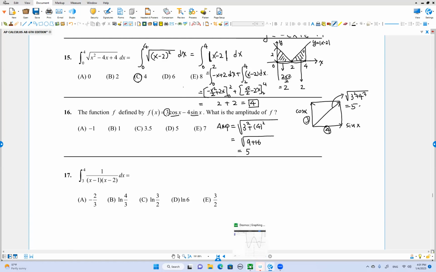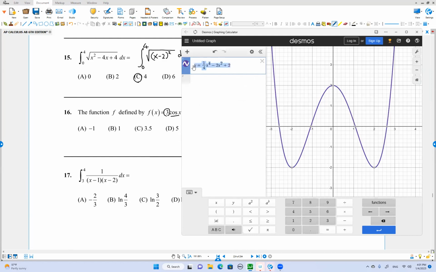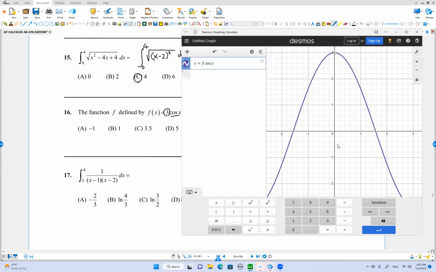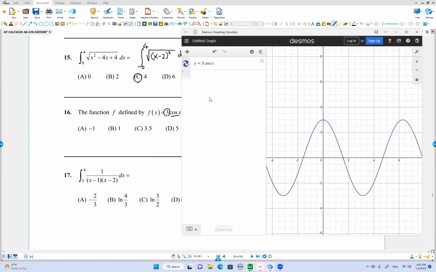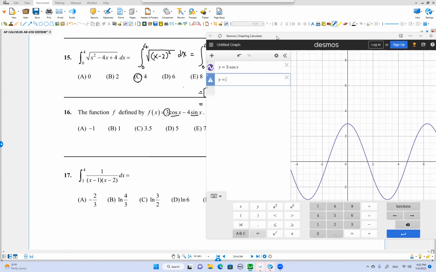Because I'm going to show you the graph of it. Y equals 3 cosine x. This is 3 cosine x. And y equals negative 4 sine x.